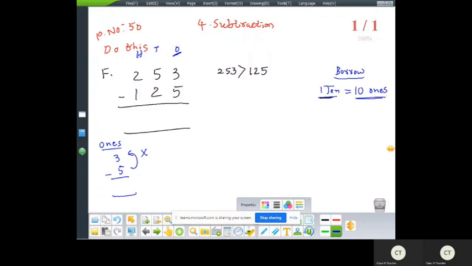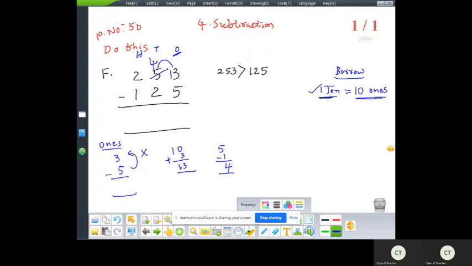This time we need borrow. We take borrow from this number 5. Borrow means 1 ten is equal to 10 ones. The 10 and the other 3, 10 plus 3, is 13. And from 5, 1 ten went outside as borrow. 5 minus 1 is 4.